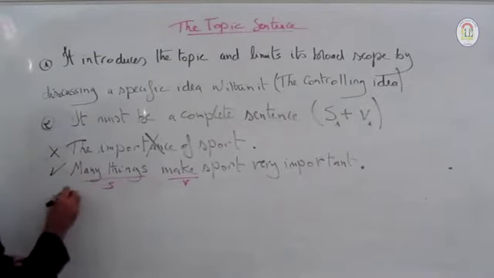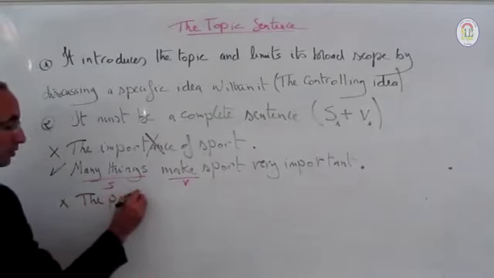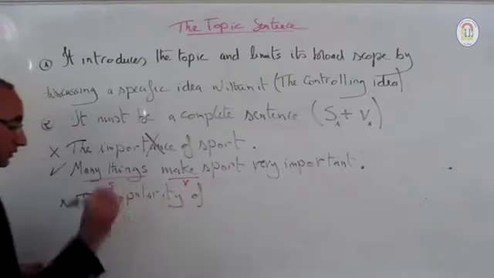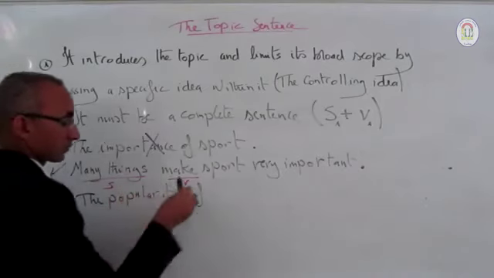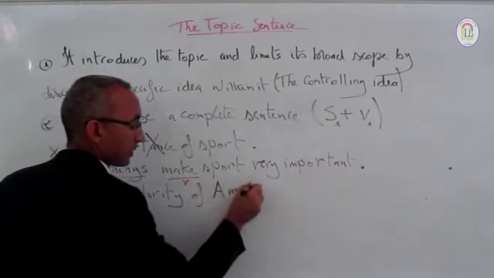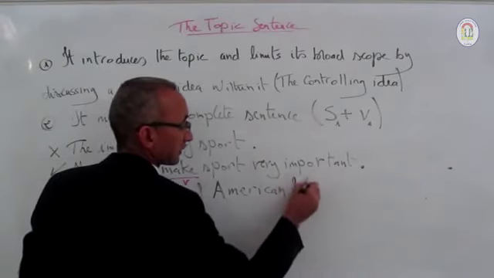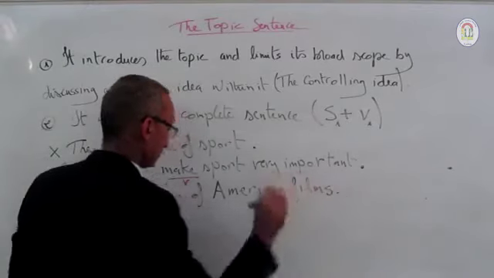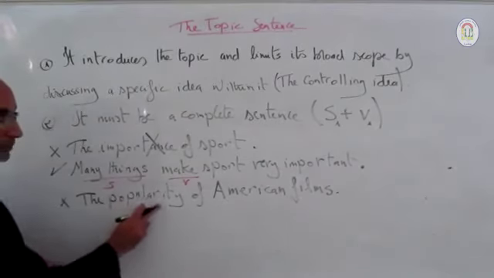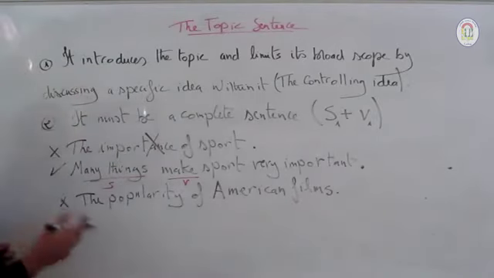Now, second example. "The popularity of American films or movies." This one is wrong because, as you see, it contains no verb. Only a fragment here.